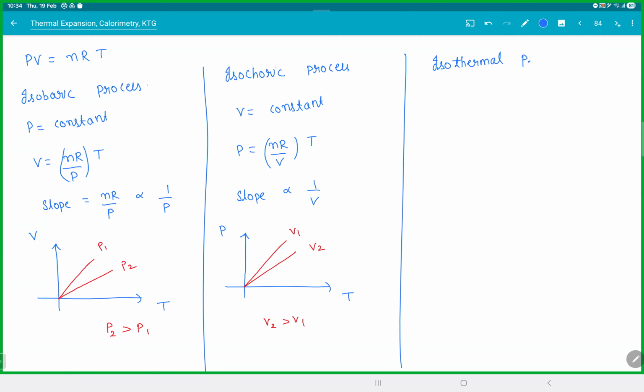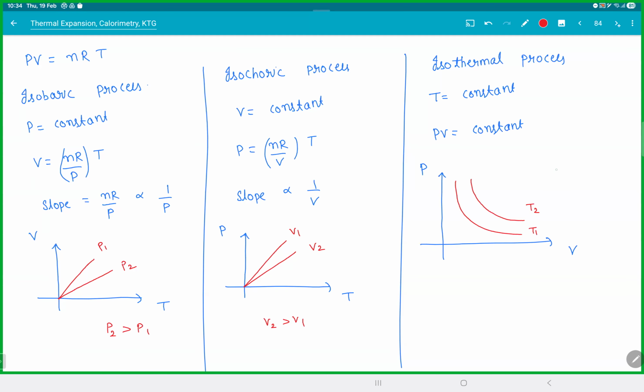In an isothermal process, Boyle's law basically, your temperature is constant. So here the graphs will not be straight lines, these are actually rectangular hyperbolas. These are called isotherms. So the higher the temperature, the farther you are from the origin. So isotherms away from the origin have more temperature.